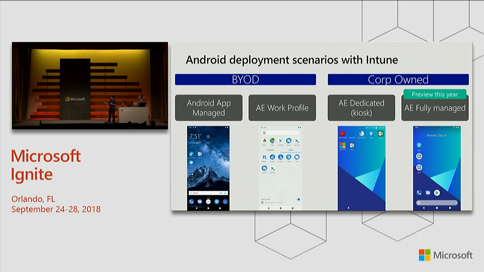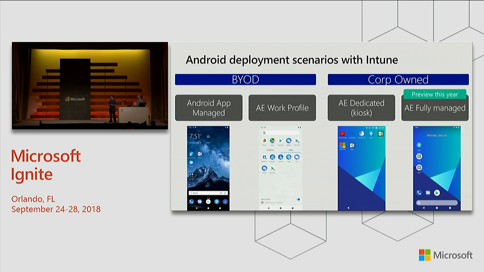So Intune is actually applying the policy to the apps. We build an SDK that enables Android apps to protect themselves. So we provide encryption for the app, we provide PIN, we provide data transfer limits, all built into the app. If you have a key line of business app that requires those protections, you're not in the business of coding that from scratch.